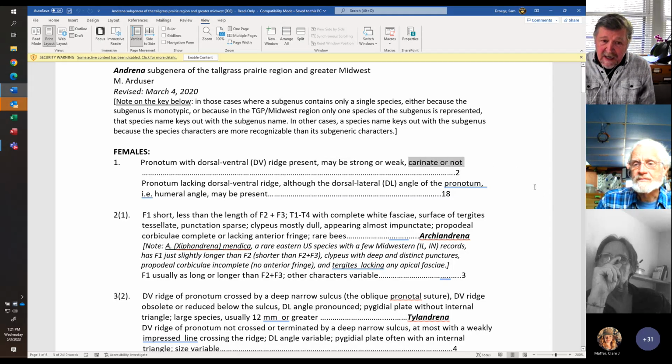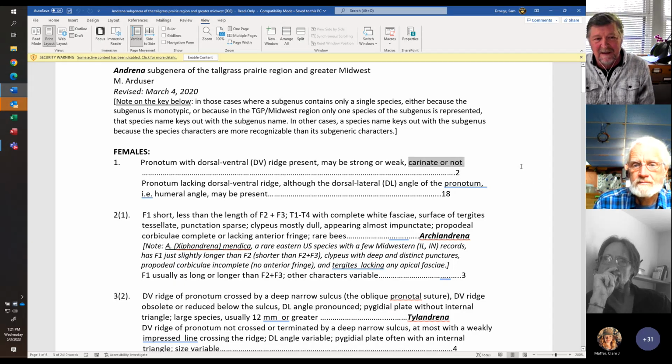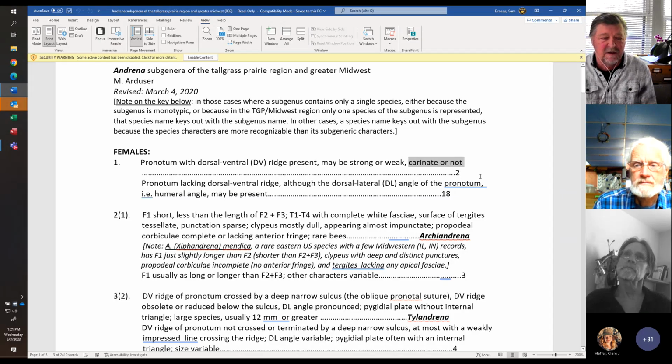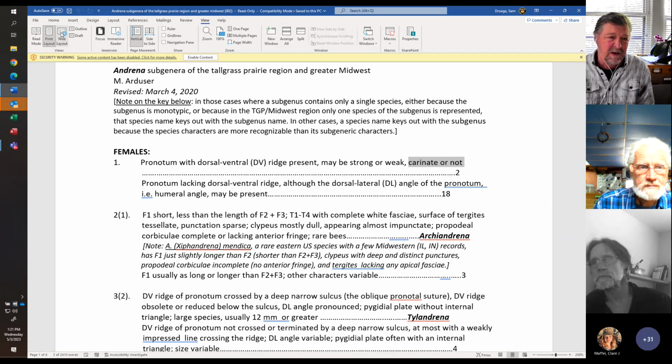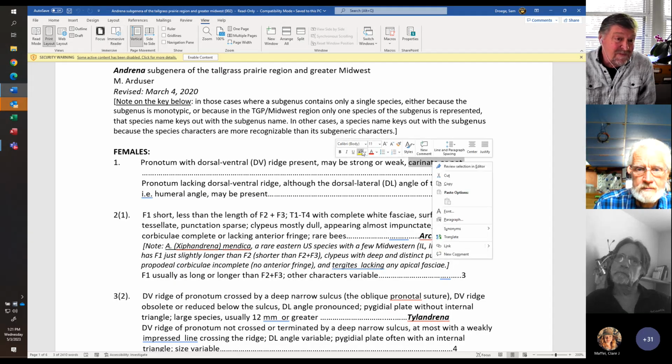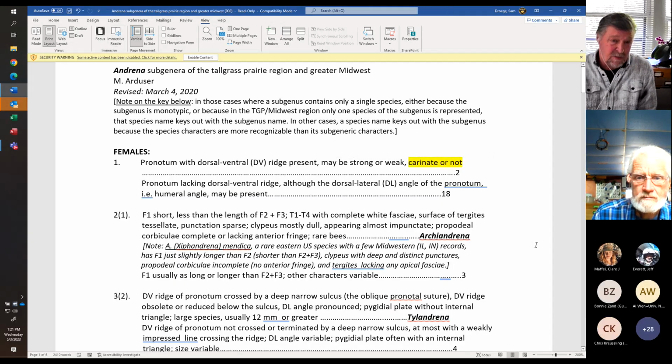But there are cases where you and I would probably say, well, is that a dorsiventral ridge or isn't it? So there are some iffy subgenera, and those come out again later in the key. So that kind of covers the bases if you're not sure. If that ridge isn't present, there are a few instances where there still is a humeral angle, and that comes out later in the key too.